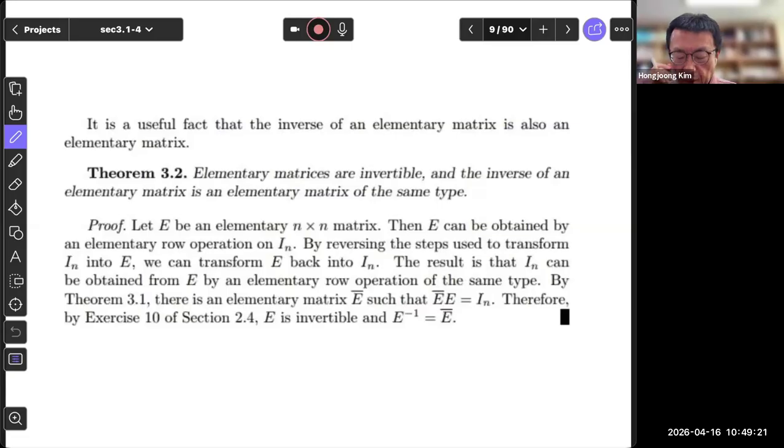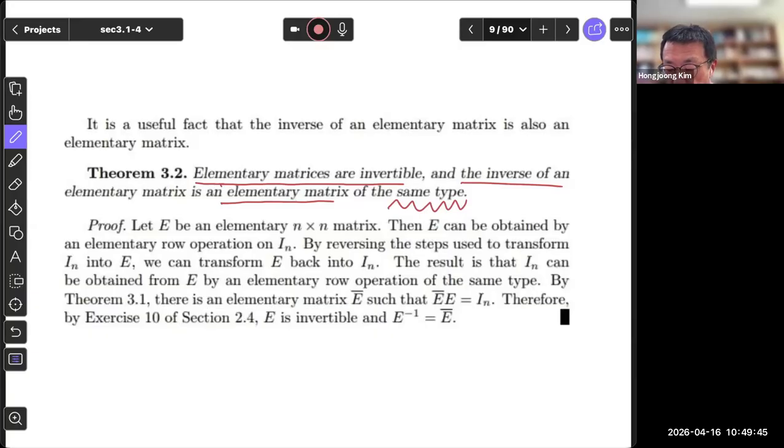Now, as I said, elementary row operation is reversible. That means elementary matrices are invertible, and the inverse of an elementary matrix is an elementary matrix of the same type.